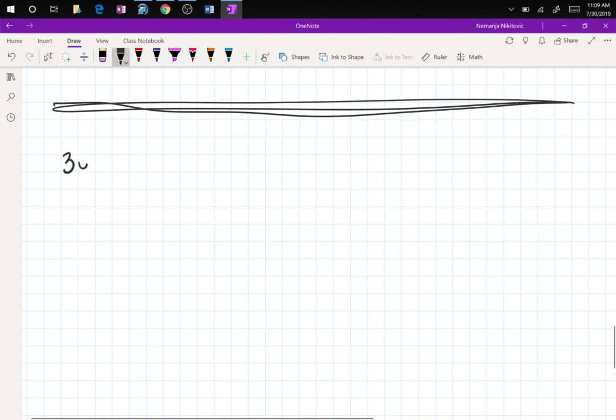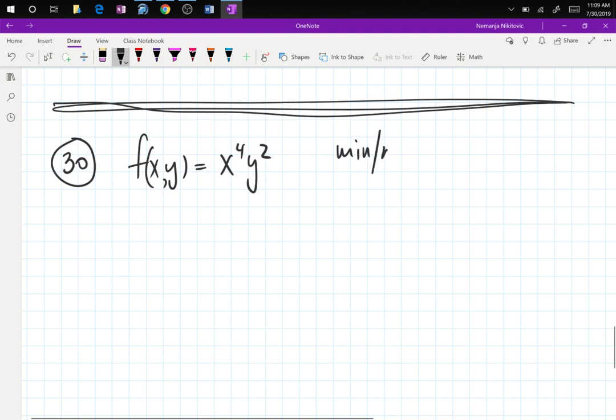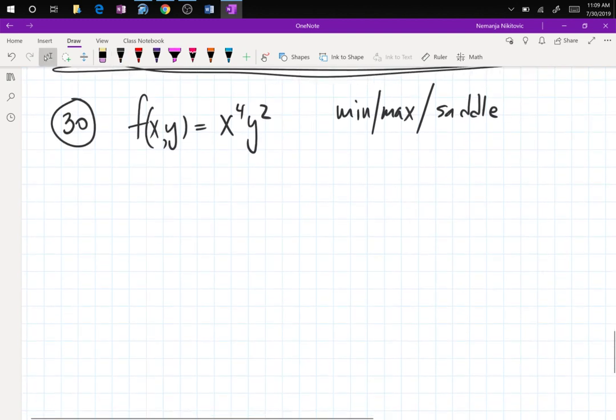Let's try problem 30. f of (x, y) is equal to x to the 4th y squared. Again, looking for min, max, or saddle. So what is happening here?